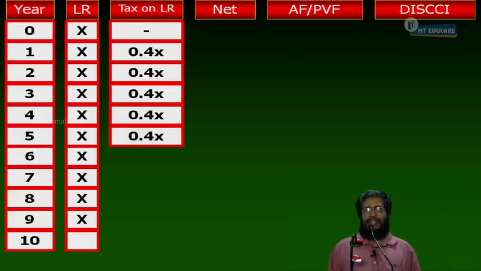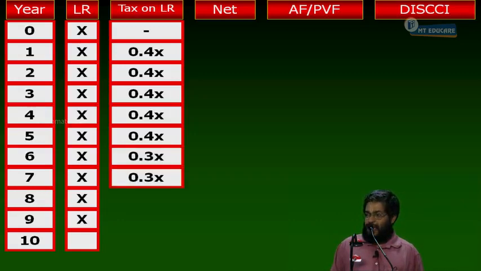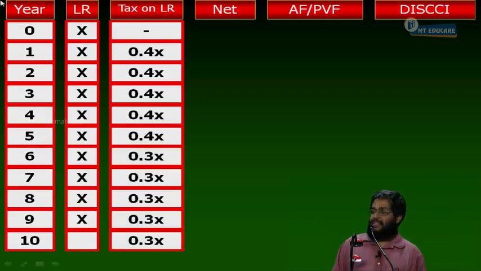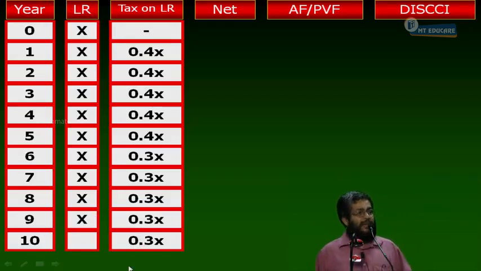Next 5 years, I pay tax at 0.3X each. For the 10th year, I pay 0.3X at the end, for the lease rental received at the beginning of the 10th year. I don't pay tax in year 0; I pay tax in the last year. The cash flow occurs 1 year later.